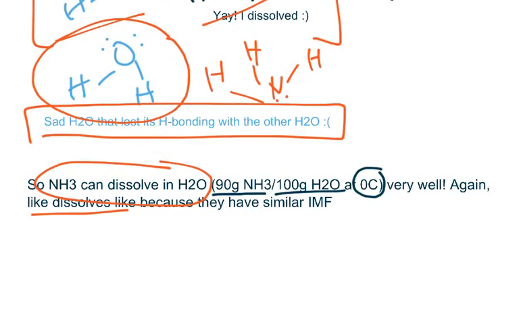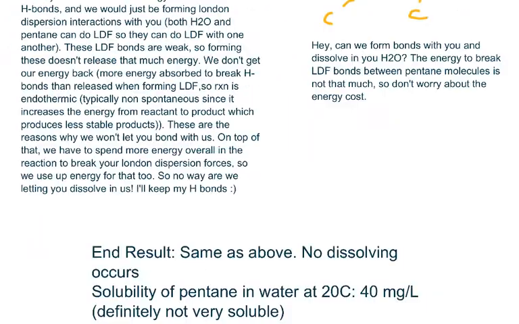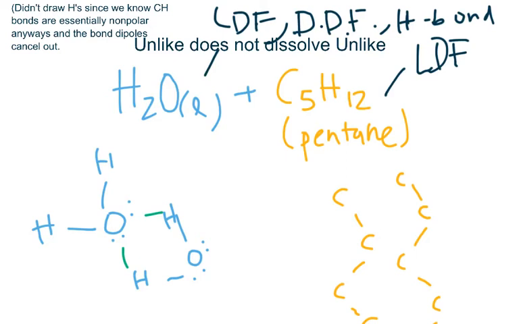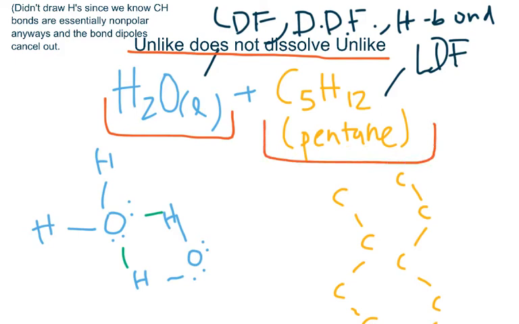and the reason like dissolves like is because the two compounds have similar intermolecular forces. Now let's talk about why unlike things do not dissolve other unlike things. So in this example, we will take a look at water mixing with C5H12, a nonpolar molecule called pentane.